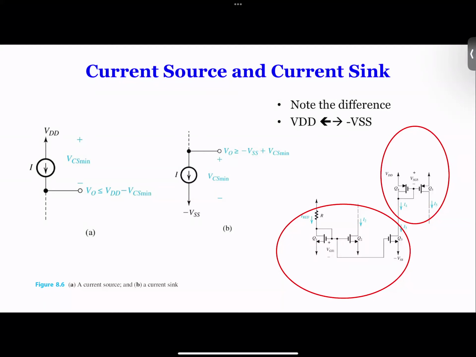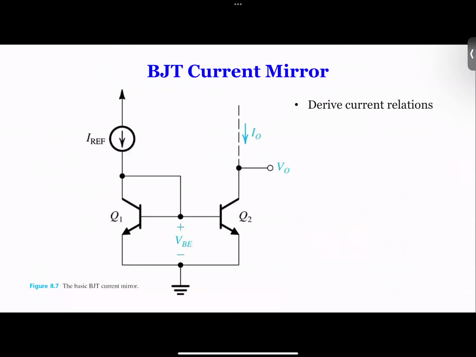You're assigning power to the voltage source. So that's why it's called a sink. Sink means attract, like depositing current. So this is called a current sink, and this is called a current source. This is just terminology, not a lot of problems with that.